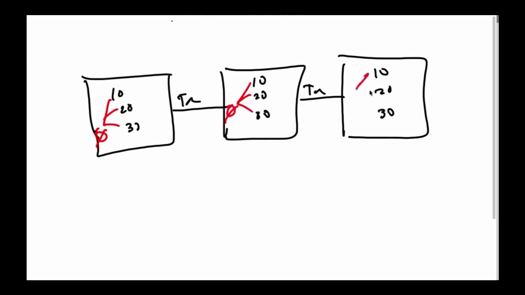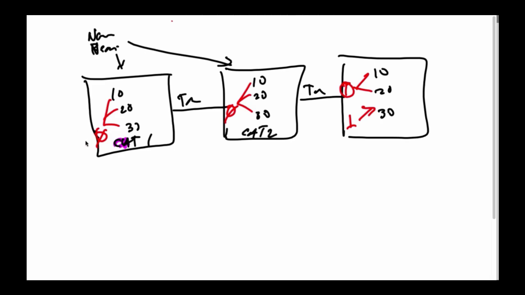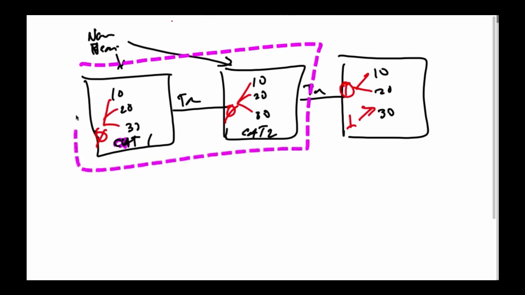Here, I left these two in instance 0, but I moved this one to instance 1. Now what that means is that these two devices, assuming that Cat 1 and Cat 2 all have the same name and the same version, so they match, and the version and the VLAN to instance mappings match, then these two devices operate in their own MST region.